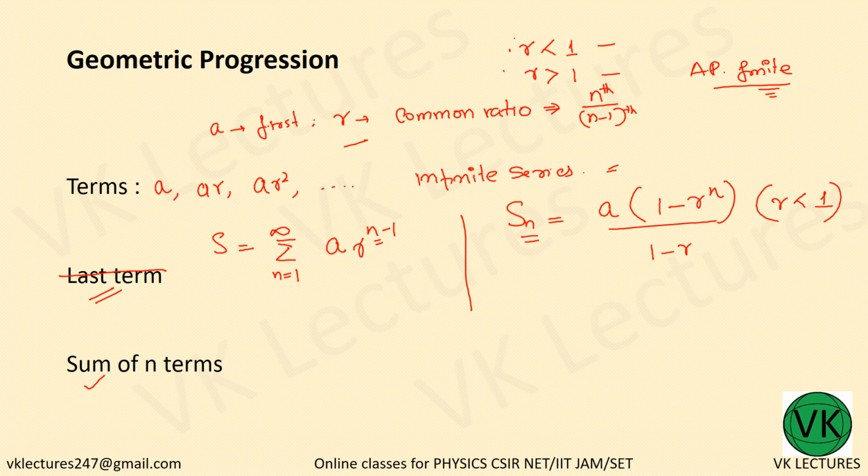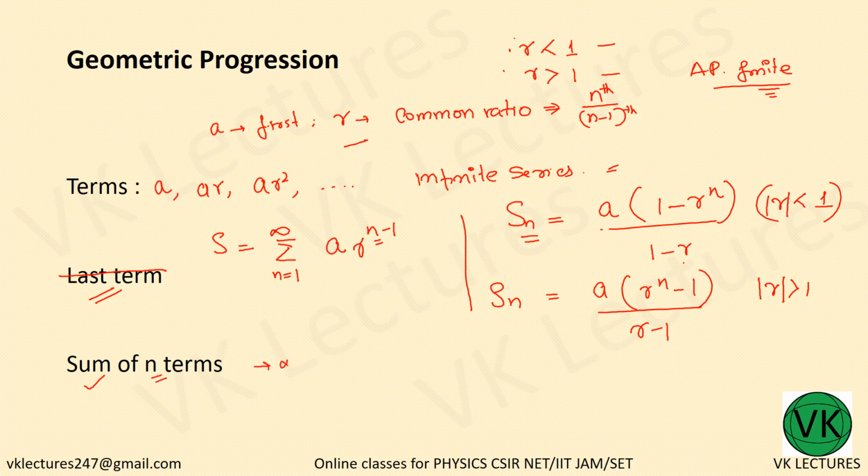Similarly, Sn is a times (r to the power n minus 1) divided by (r minus 1) if r is greater than 1, that is, the modulus of r should be greater than 1. Now this is for the sum of n terms.